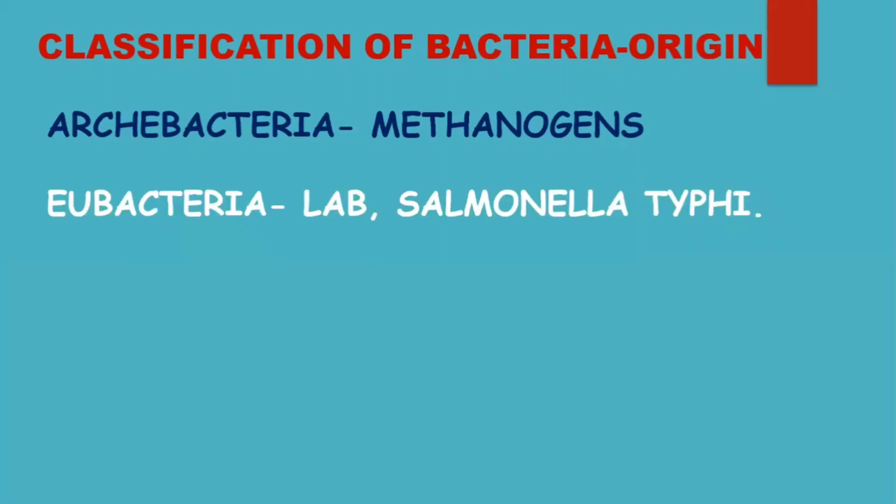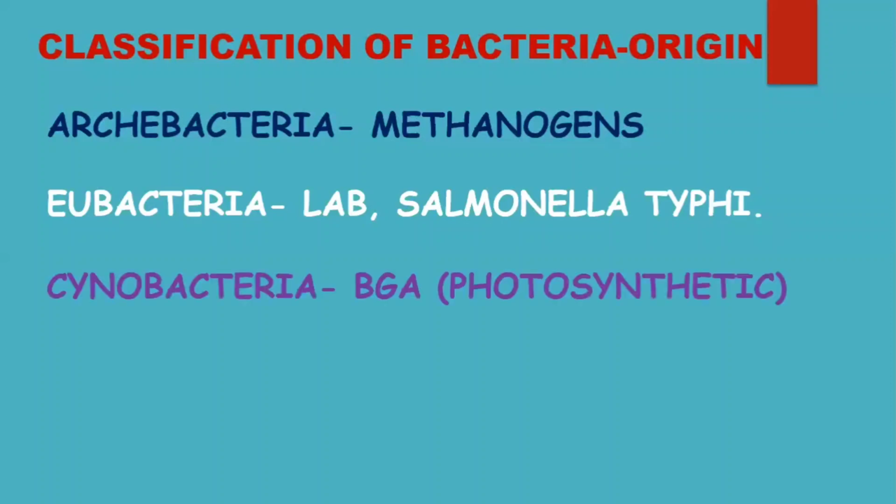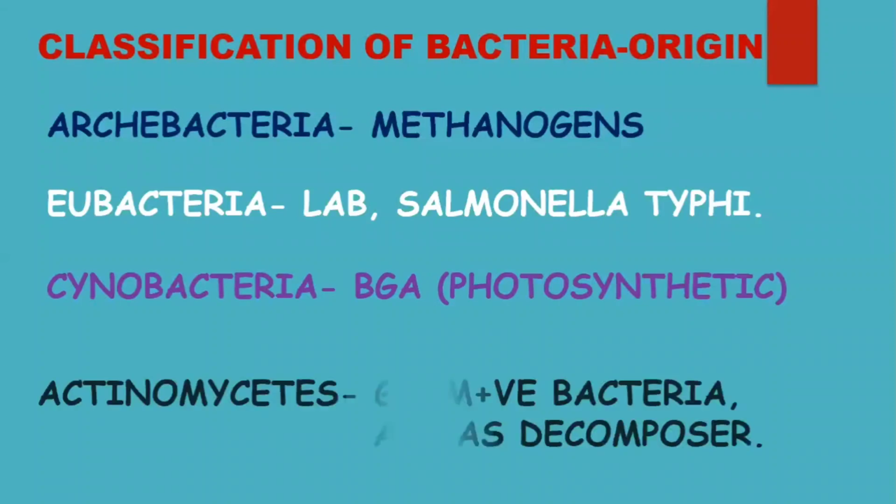Examples are lactic acid bacteria, Salmonella typhi, the one which causes typhoid. We also have cyanobacteria, which are also called blue-green algae. They are photosynthetic, they perform the process of photosynthesis. Last group is actinomycetes. Remember, these are gram-positive bacteria which act as decomposers, generally found in soil.